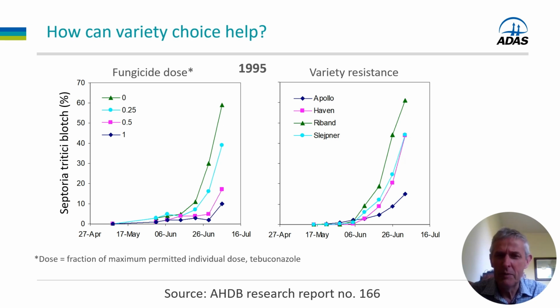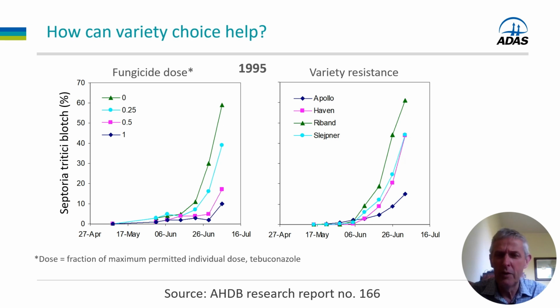But in fact Ribband was a very high yielding variety with very good agronomic characteristics, and farmers were generally willing to apply quite intensive fungicide programs to control septoria in order to make use of its other attributes. Whereas some of the other varieties which had better septoria resistance sometimes had weaknesses in resistance against other diseases, or were not so beneficial in terms of their agronomic characteristics or their yield potential.